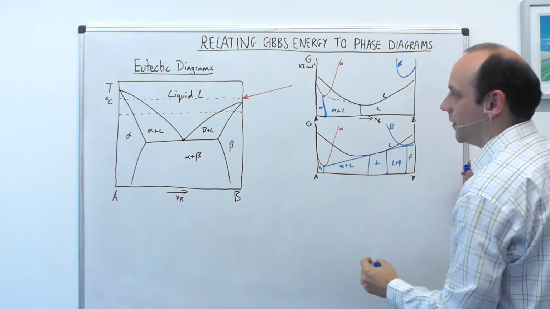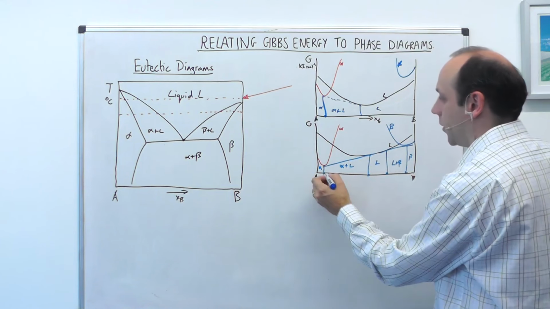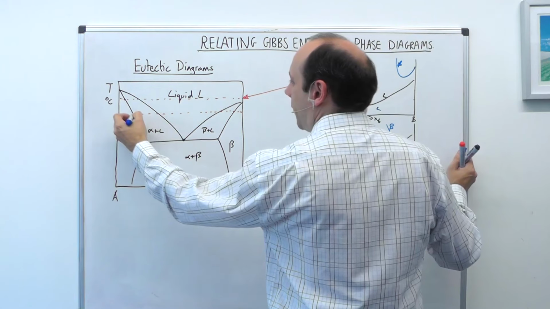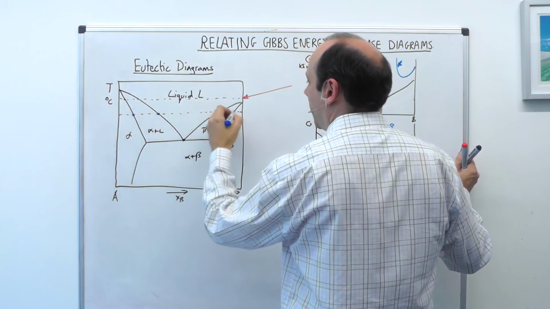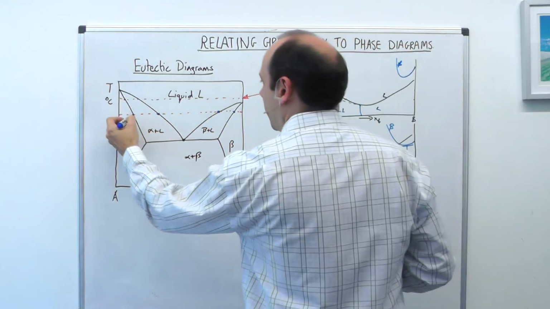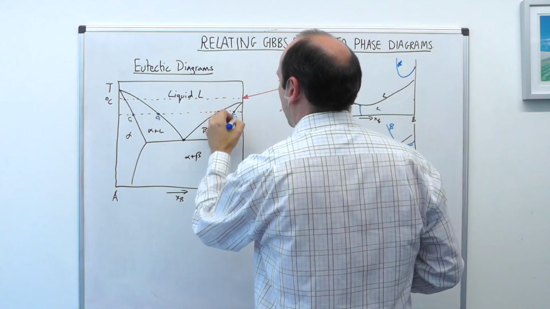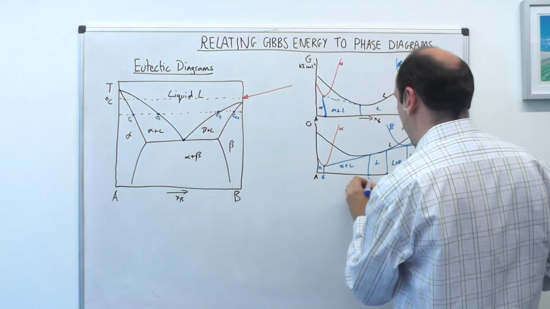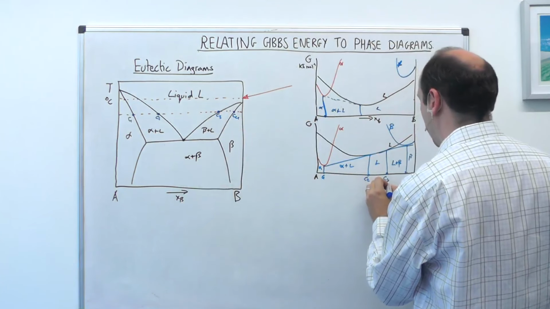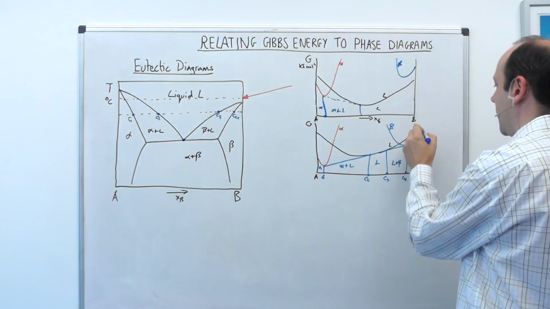And here's my alpha. And these 1, 2, 3, 4 points correspond to that one, that one, that one, and that one. Obviously, it's a schematic diagram, but we could call those compositions 1, 2, 3, 4, and call that C1, C2, C3, C4, and label it as schematic.